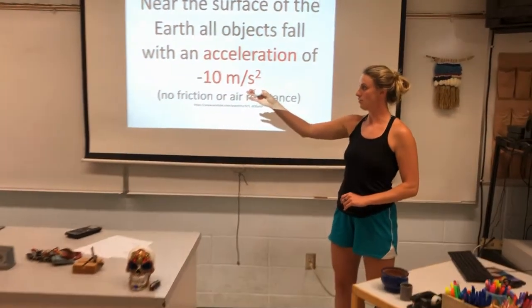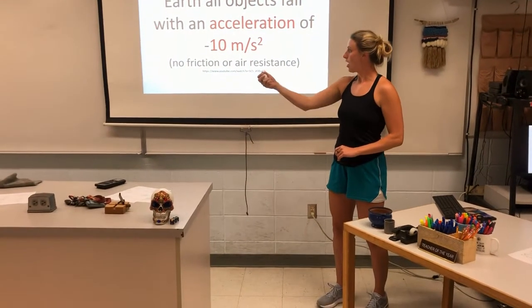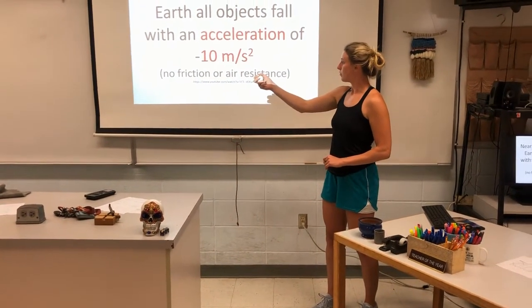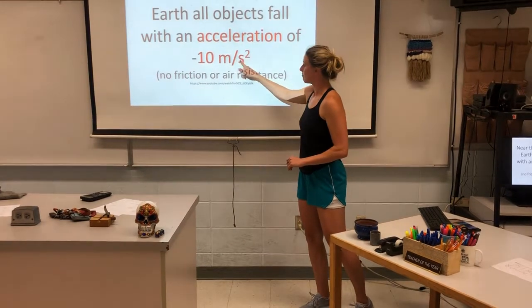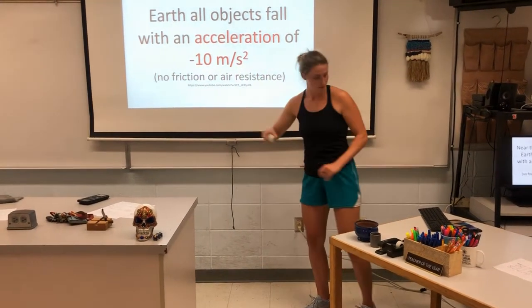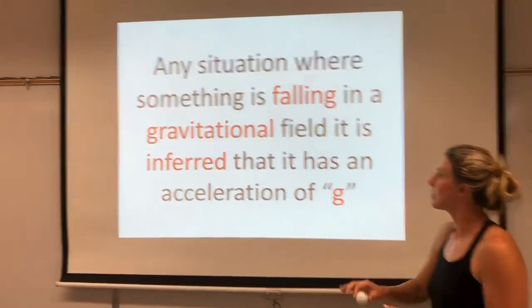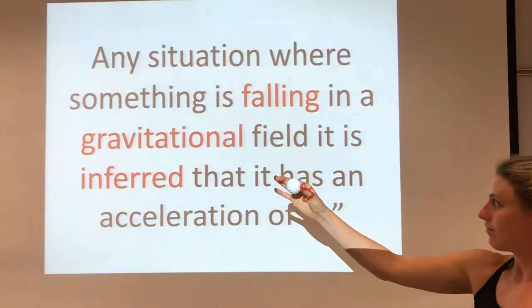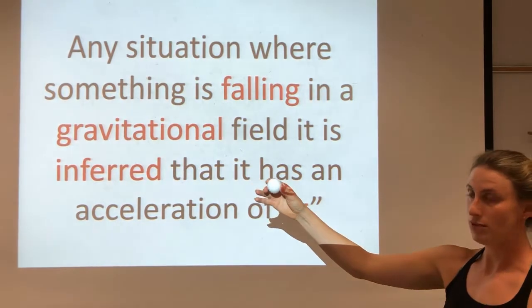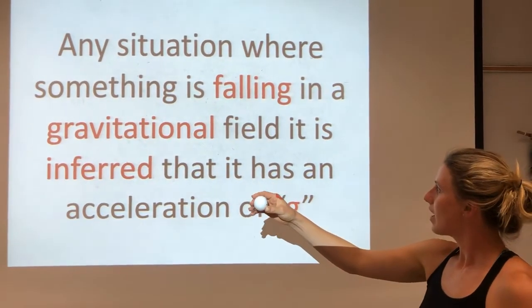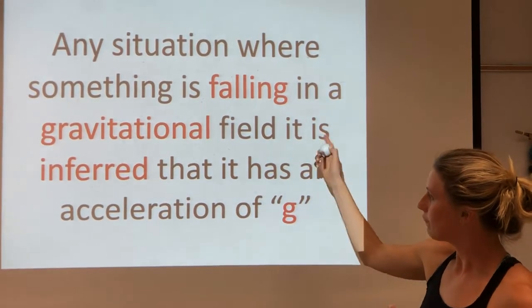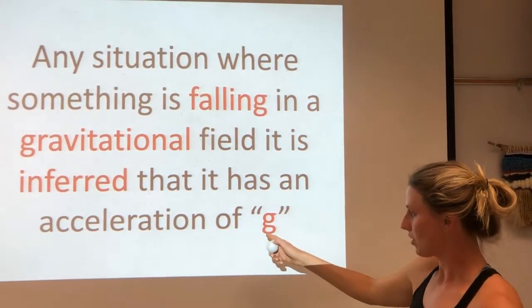As we drop it, our acceleration with respect to gravity is -10 meters per second squared. So in any situation when something is falling in a gravitational field, like where we live here on planet Earth, we infer that the acceleration, we're going to call that g.